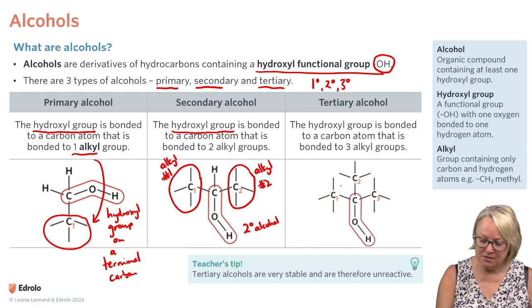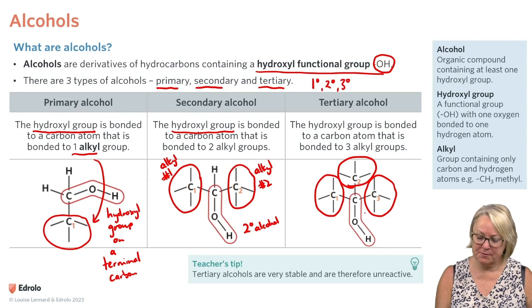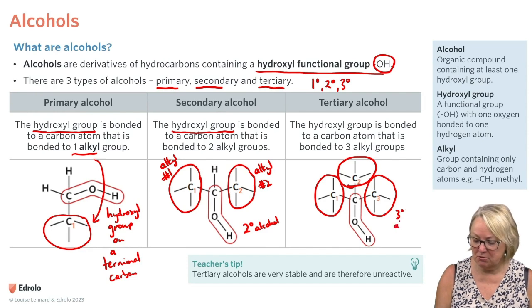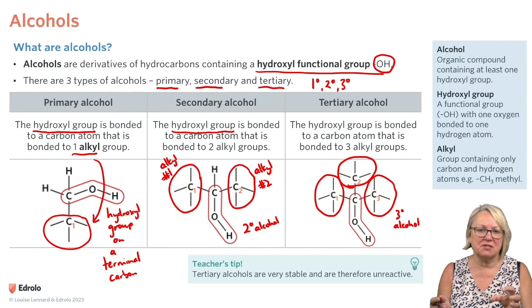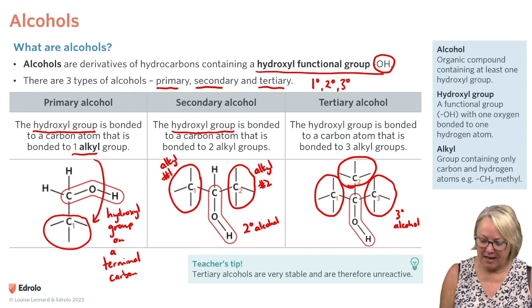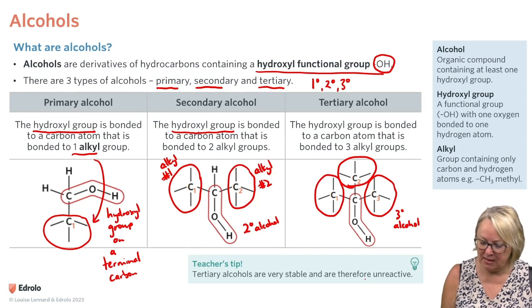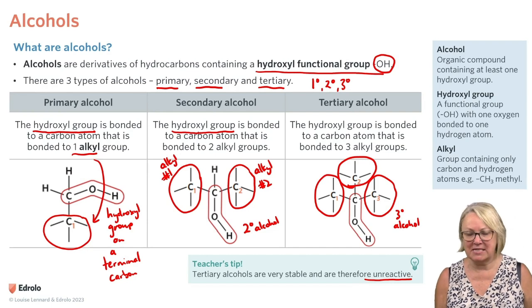Tertiary alcohols have 1, 2, 3 alkyl groups attached to the carbon that's got the hydroxyl group attached. So this is the tertiary alcohol. Tertiary alcohols aren't very reactive because of the presence of those alkyl side chains. So they're very stable and quite unreactive, which we'll come back to in later lessons.